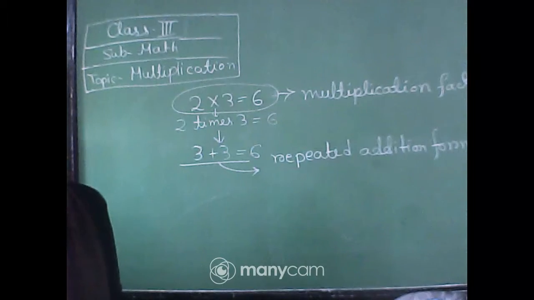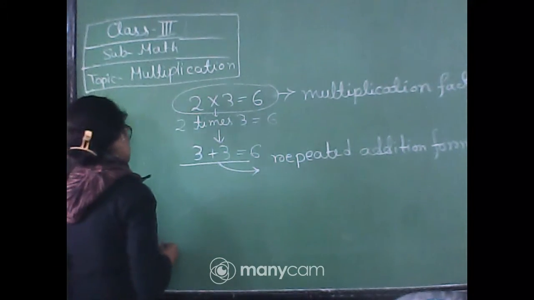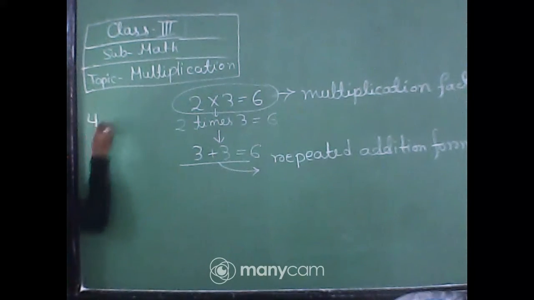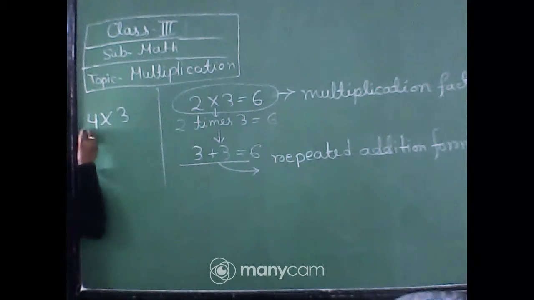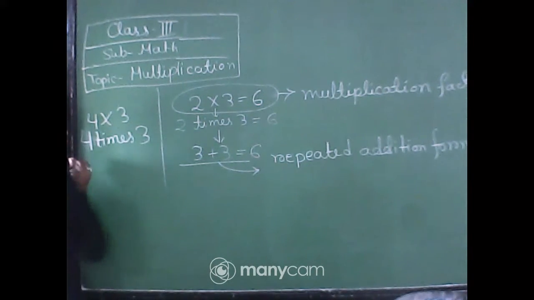You can take another example. If I am saying 4 into 3, it means 4 times 3. How many times? 4 times. Which number? 3.